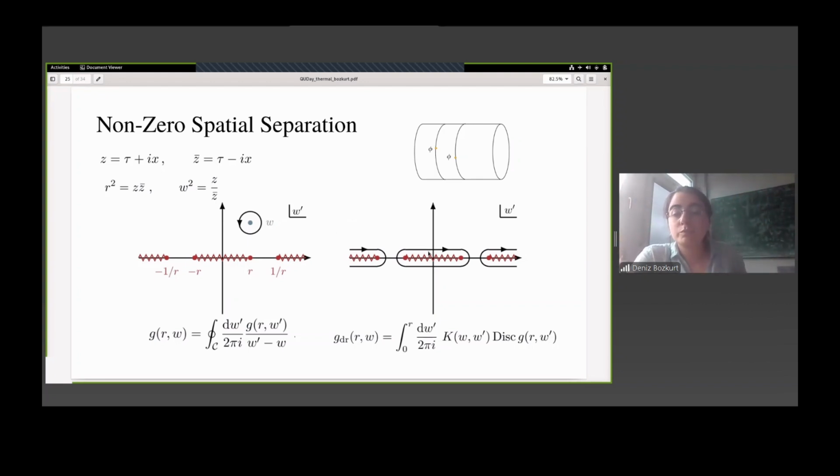But the contributions around the origin, we can sum into this one factor with respect to the discontinuity, and then we can just combine the kernels of each of these discontinuities into one kernel.